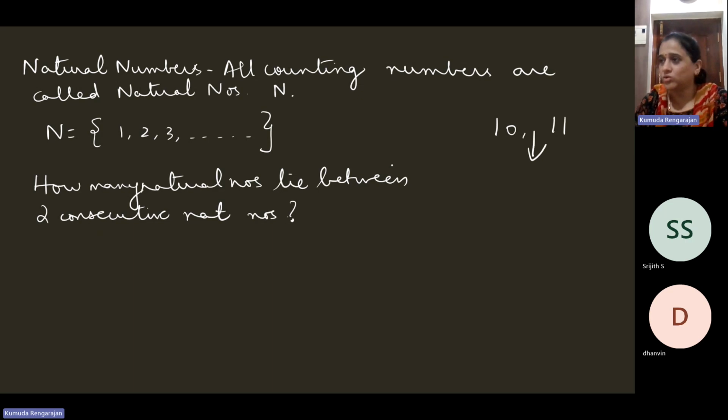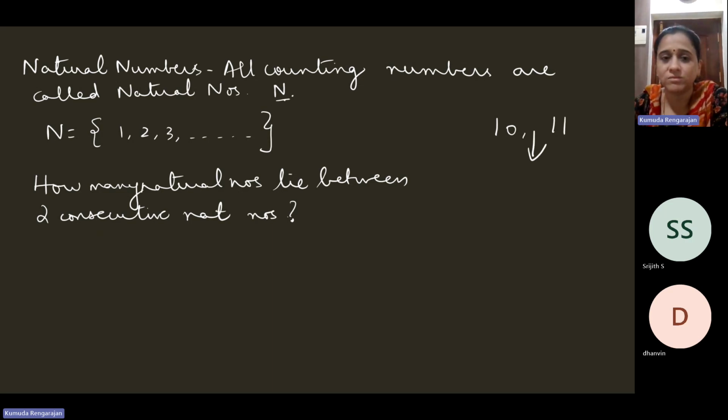Later we are going to see rational numbers. Then you will say there are many rational numbers lying between 10 and 11. But now the question is how many natural numbers lie between 10 and 11? None. There is no natural number lying between two consecutive natural numbers. Clear? So counting numbers are natural numbers.